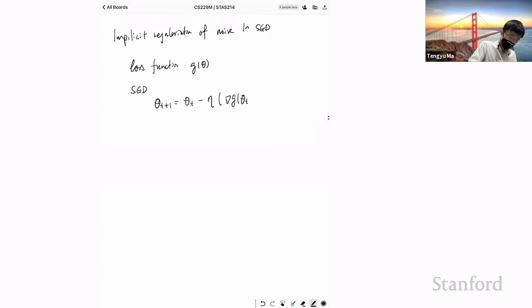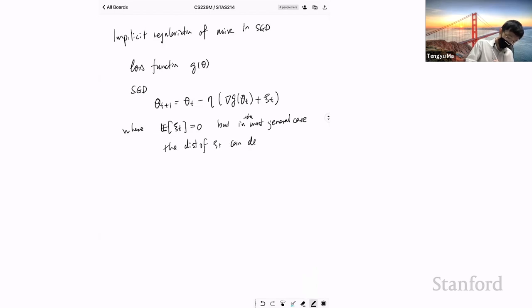So we have the full gradient plus some stochastic noise, where the expectation of this noise xi t is 0, so this is really a mean zero noise, but the distribution of xi t, in the most general case, can depend on theta t.